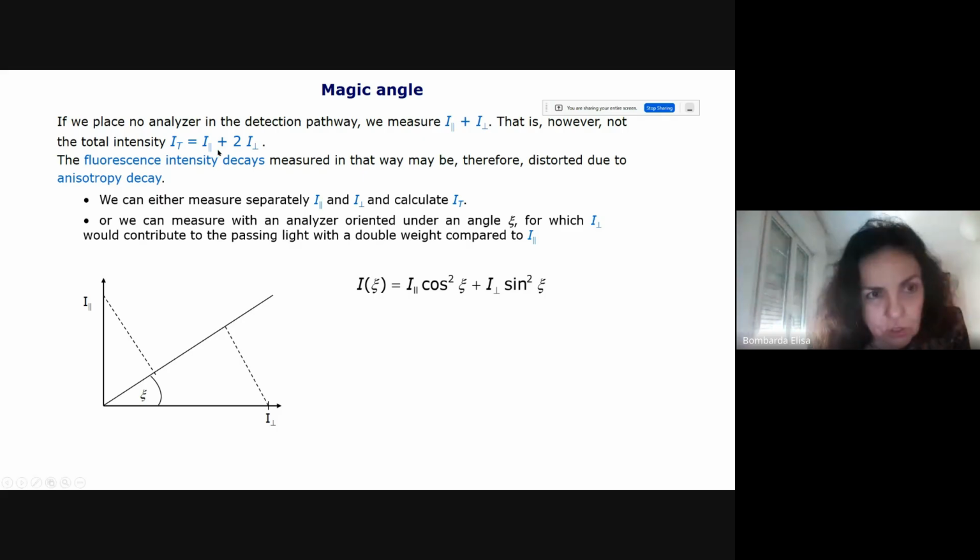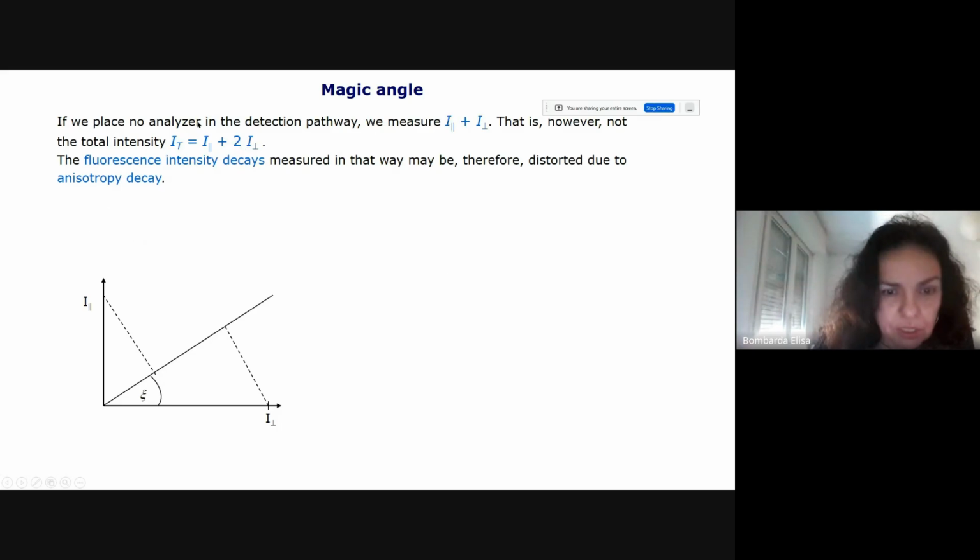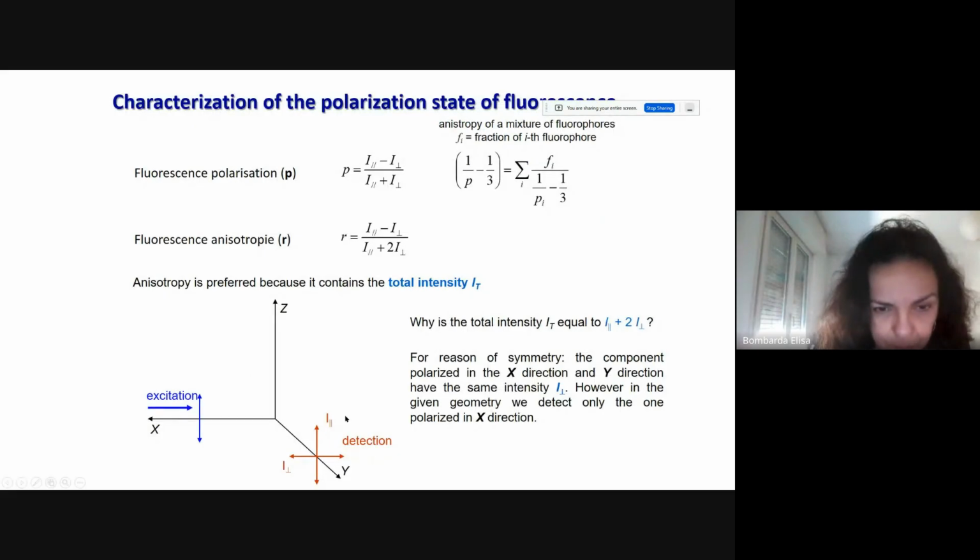Not only, so let's say that if we don't place any analyzer, as we were seeing just before, like here, we didn't put any analyzer, so there is no polarizer. So we detect the light, and we detect the two components actually. The other one we don't see. The y component is not seen. It exists, but is not seen in this kind of detection.